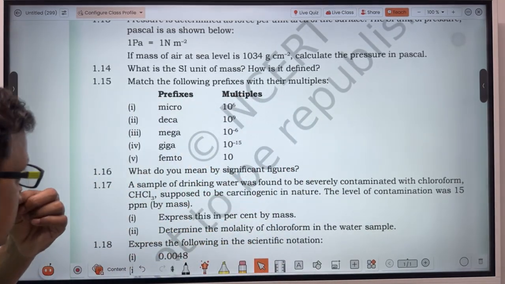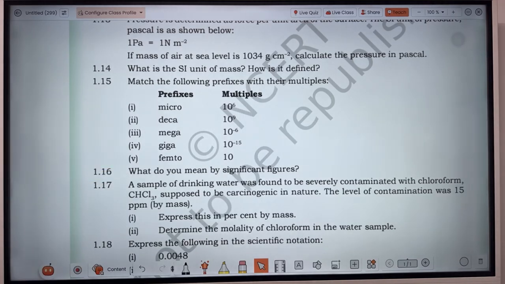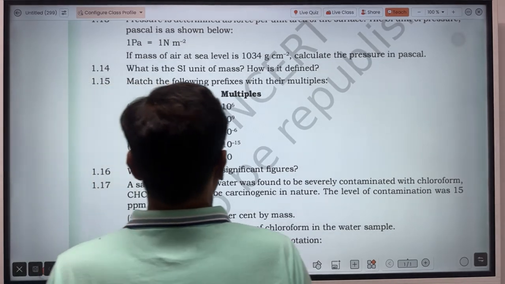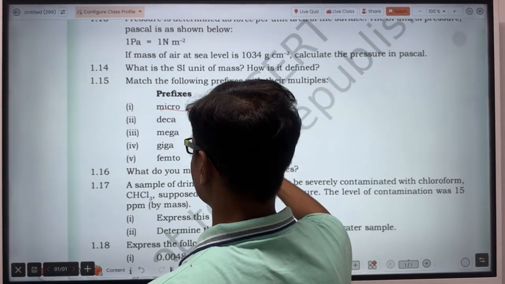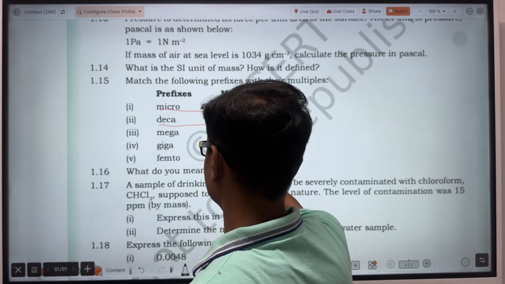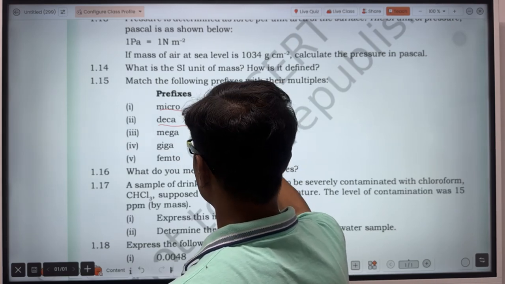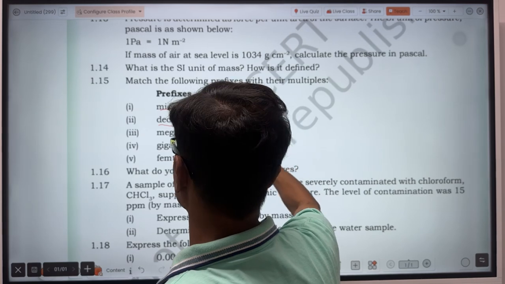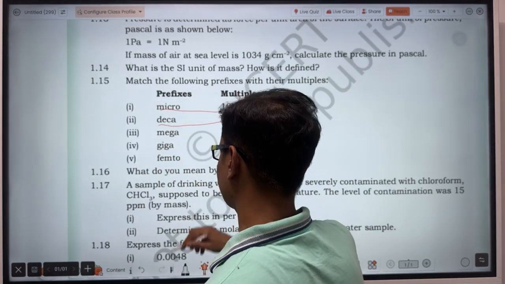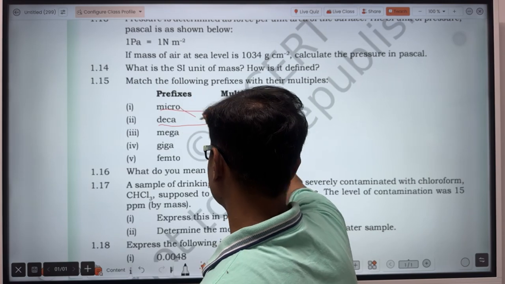Now, next: match the following prefixes with their multiples. Micro is 10 power minus 6. Deca 10 power minus 6, okay. So in the prefixes and multiples, you will have to match micro, so 10 power minus 6 here.